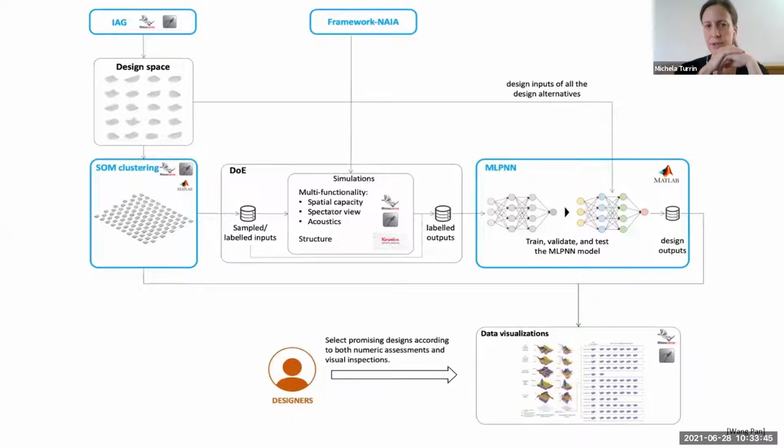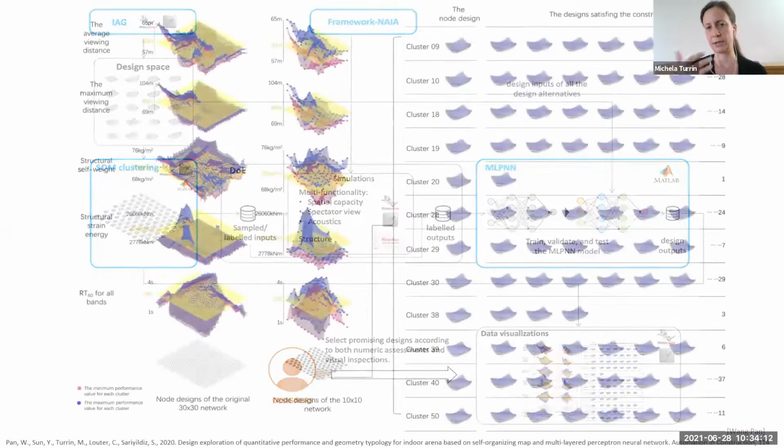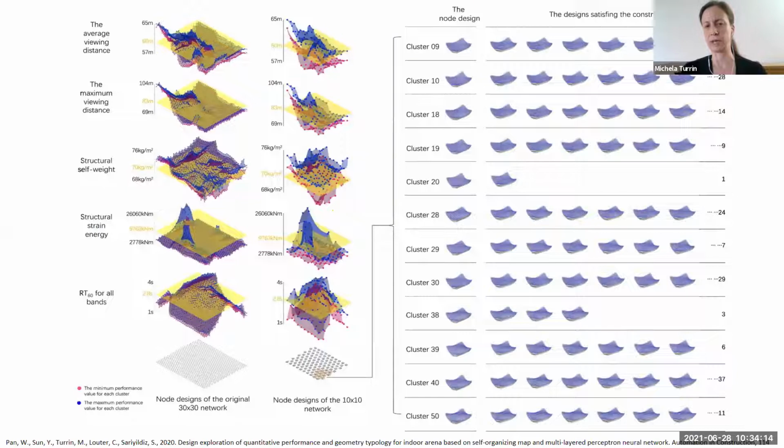In this case, the self-organizing maps are still used to cluster the features of the geometry, and therefore to guide the designers into understanding the diversity and the families that are being created in terms of geometric variation. But this is in connection with the performance assessment, which in this case is determined with a neural network system, where what the designer is provided with is a landscape.